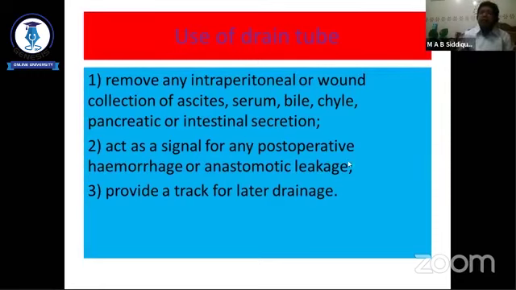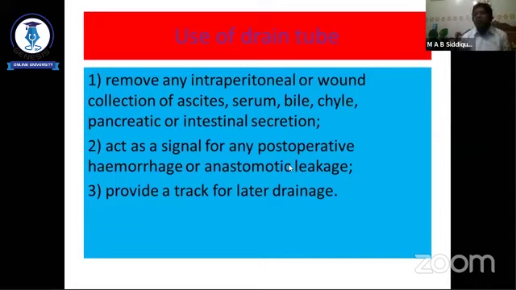In case of intestinal anastomosis, there is a signal on the drain tube: a content like intestinal content. You identify the intestinal content by seeing the color and odor, whether it is intestinal content or not.